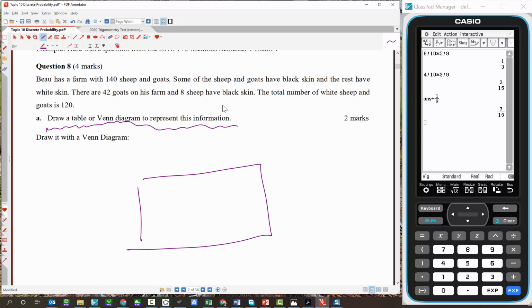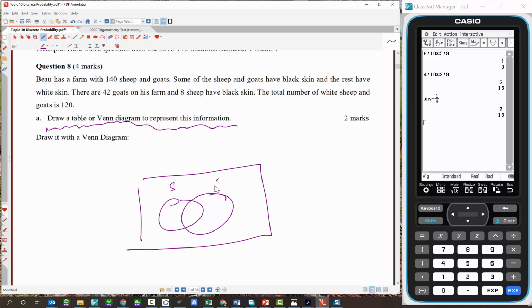All right, so when students tried to do the Venn diagram for this one, what we overwhelmingly found on that particular exam is that students actually couldn't knock out the Venn diagram. They just couldn't get it working. So this was like, what do we got? Sheep and goats.